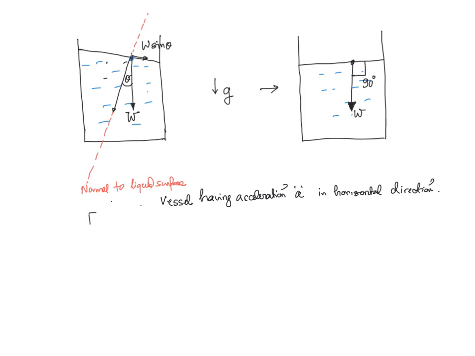You have to find the angle made by the liquid surface. A vessel containing liquid, obviously, an empty vessel will not work. Vessel containing liquid having acceleration a in horizontal direction, find the angle made by the liquid surface with horizontal.